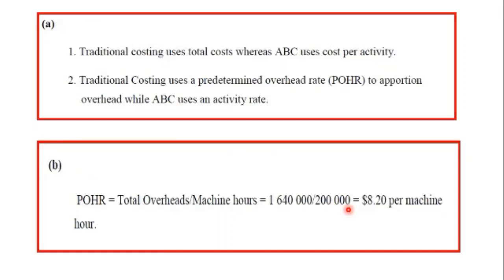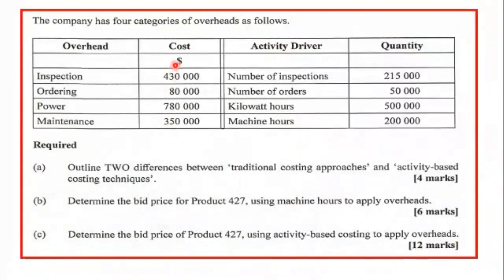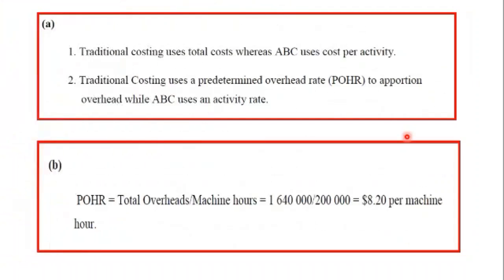The 1,640,000 is the total of the overhead cost, and the 200,000 comes from here. So we get 8.20 per machine hour. Okay. Now we can do the bidding.